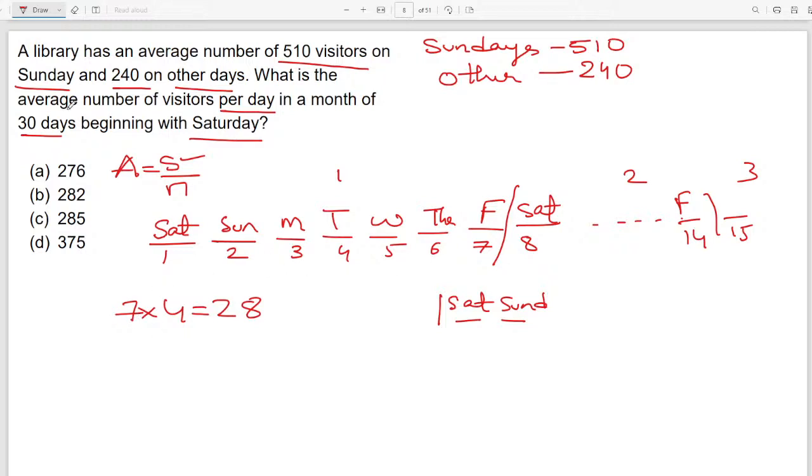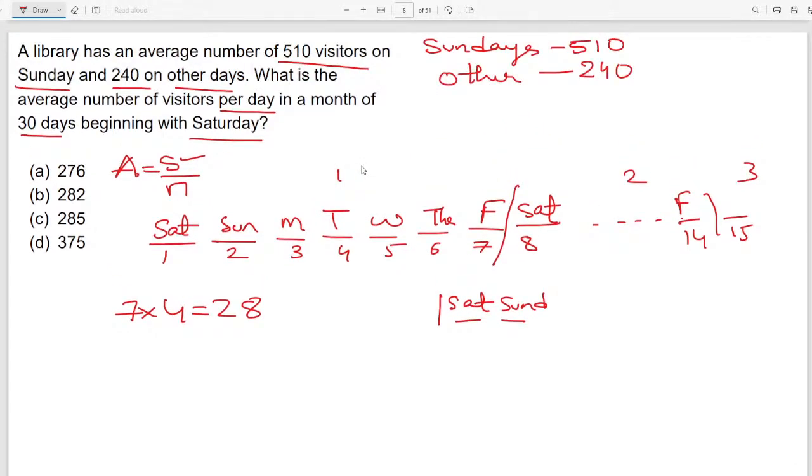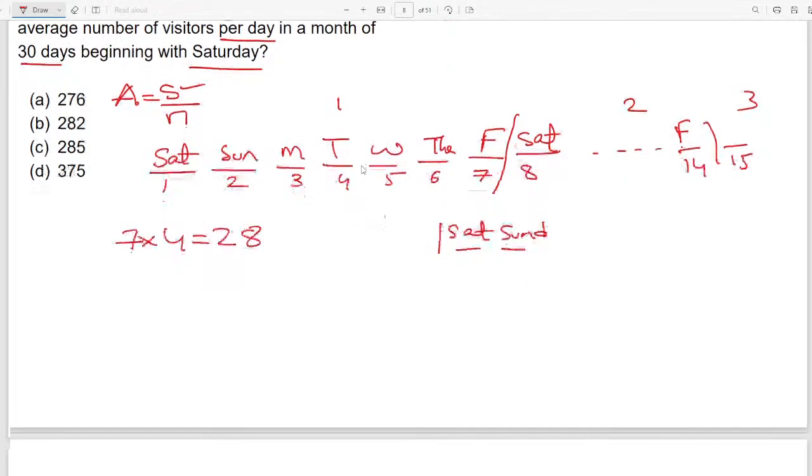In each week there are 7 days. And they're saying that in one week, except Sunday, all other days the average visitors are 240. So to calculate the number of visitors for 1 week, it would be 240 into 6. This is for other days. And for Sunday, the average visitors are 510.